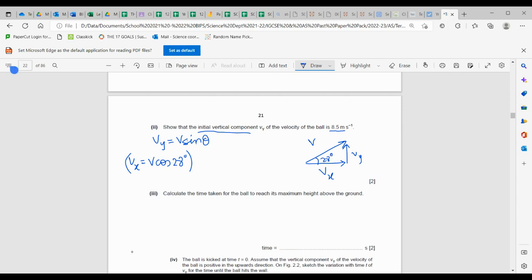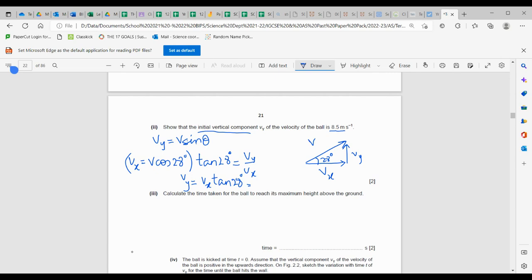If I apply the tan ratio, tan 28, tan is equal to opposite side over adjacent side. So my vertical component is also equal to Vx into tan theta, which is tan 28 here.